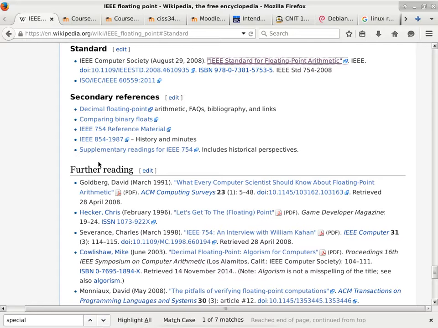What about the largest possible value, just using this interpretation? How do you specify the largest possible value? All ones, yep, except for the sign, because that just controls which direction. If you specify all ones, then the value becomes 1.1111, all ones here, and then 2 to the power of 11 ones minus 1023. 11 ones would be 2047.